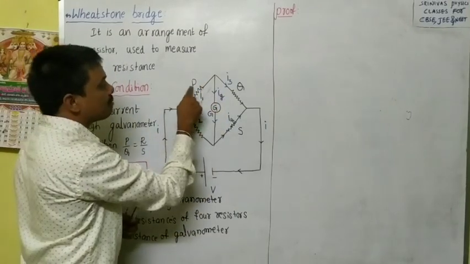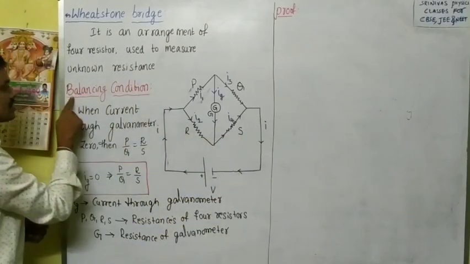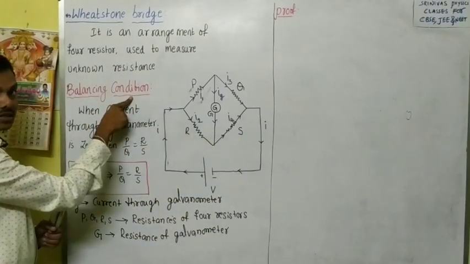At that moment P by Q is equal to R by S. This is called the balancing condition of Wheatstone bridge.